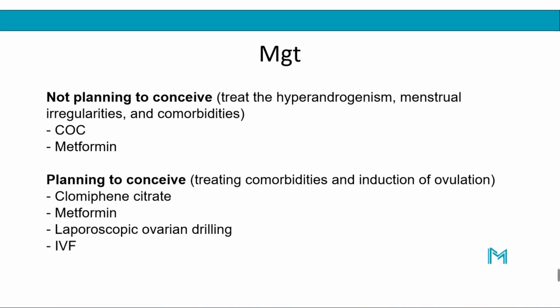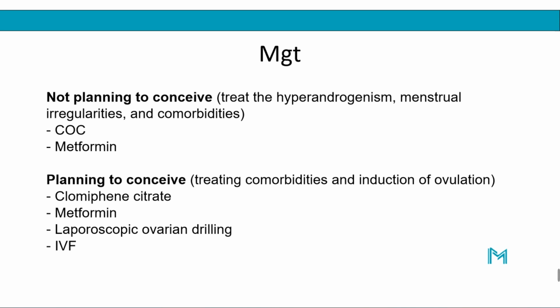So you are trying to help them keep their BMI less than 25, and that can be achieved by exercise and dietary modification. So reduce food intake and exercise, and screen for other comorbidities like hypercholesterolemia, type 2 diabetes, hypertension, and yeah. So those are general treatment recommendations that you give to all patients with PCOS.